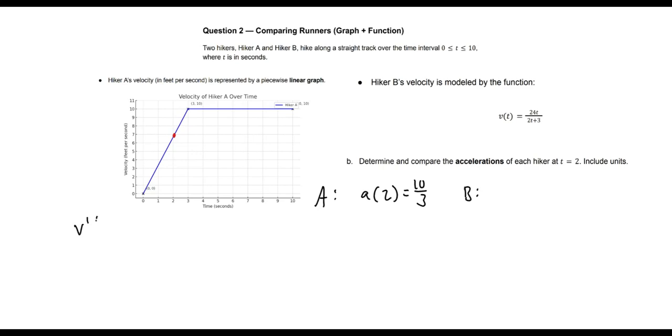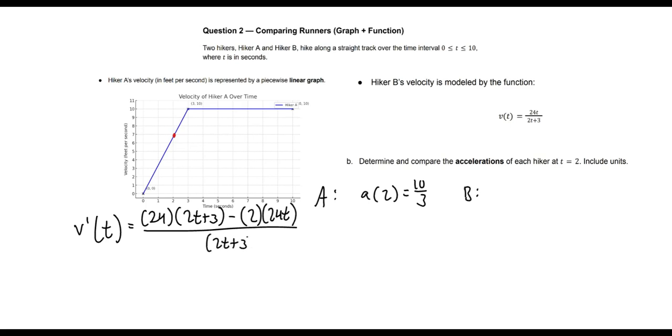So let's come over here. We're going to find the derivative. So we're going to use the quotient rule here. So we need the derivative of the numerator times the denominator minus the derivative of the denominator times the numerator all over the denominator squared. And then you're going to plug 2 into here.